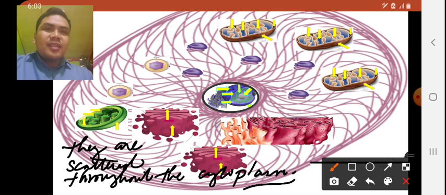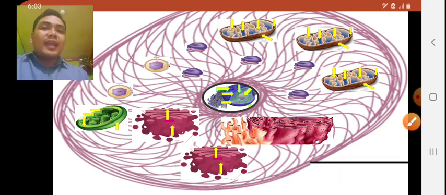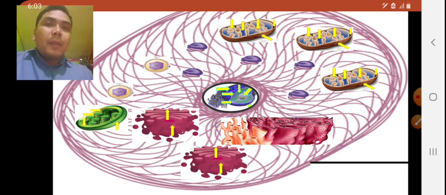But take note, since they are located all throughout the cytoplasm, what will be their major function? Okay, so the major function of the intermediate filament is that they act as the permanent fixtures of the cell.